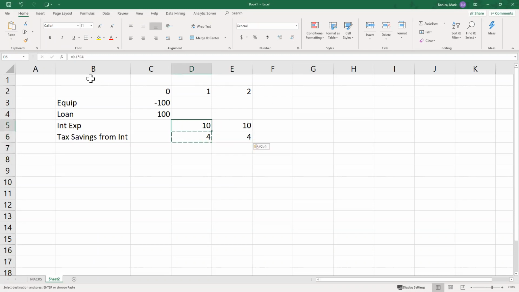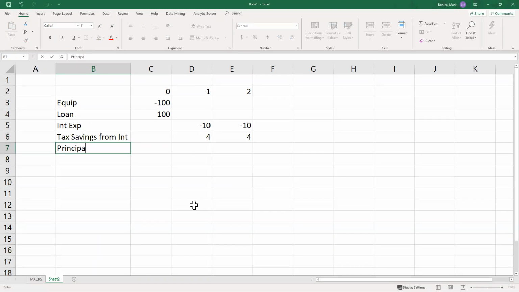So interest expense should be negative because it is a cash outflow, and the tax savings from the interest is positive. It reduces the interest expense. Okay. And then at the end of the 2 years, we're going to pay off our loan. So when we pay off a loan, it's a negative cash flow.